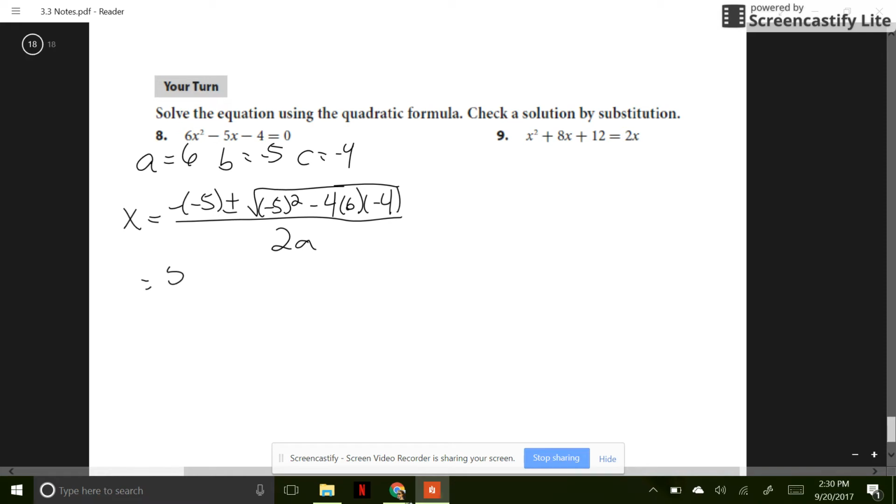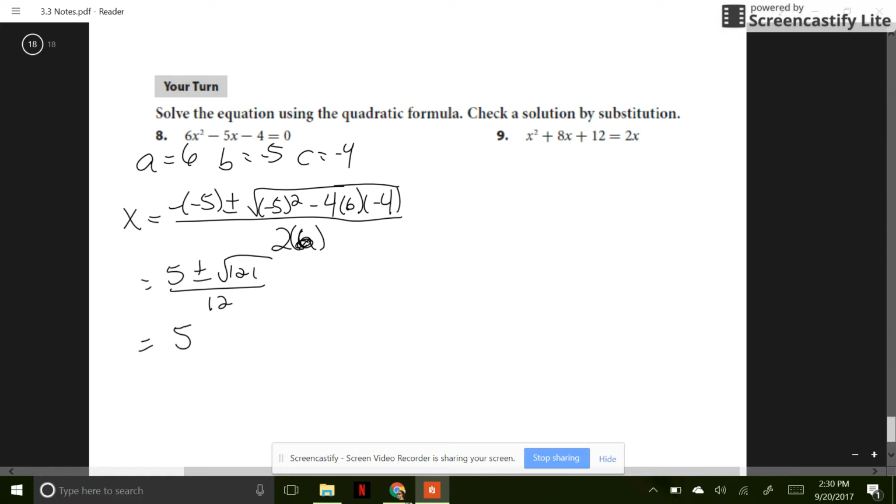So this is giving us positive 5 plus or minus, eventually you'll get there, the square root of 121. Oops, I forgot to put in my a. That's 2 times 6, all over 12.